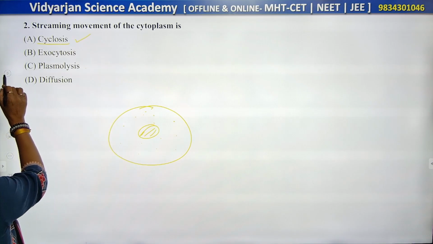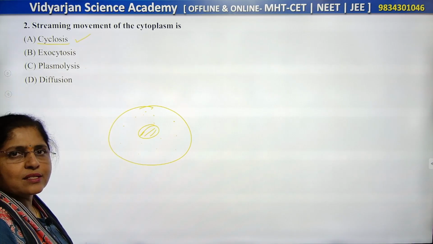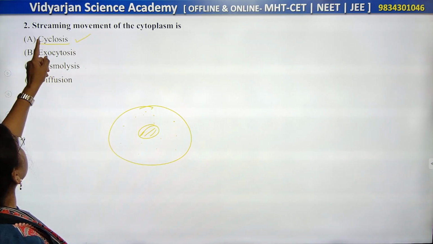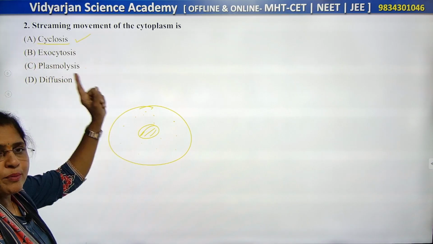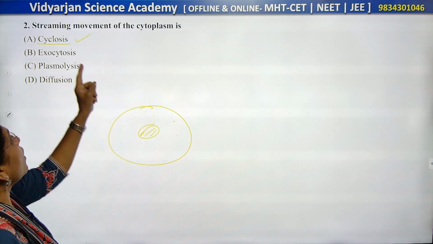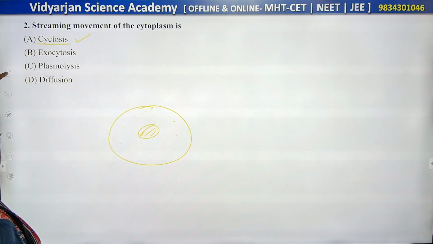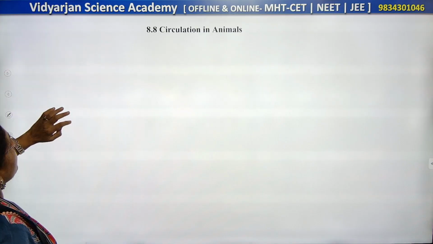So you can note down that A is the correct answer for question number 2: the streaming movement of the cytoplasm is cyclosis.